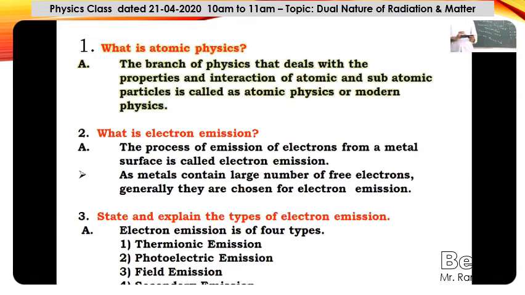One more question we have given: state and explain types of electron emission. Depending upon the supply of energy, there are 4 methods of electron emission: first, thermionic emission, second, photoelectric emission, third, field emission, and fourth, secondary emission.